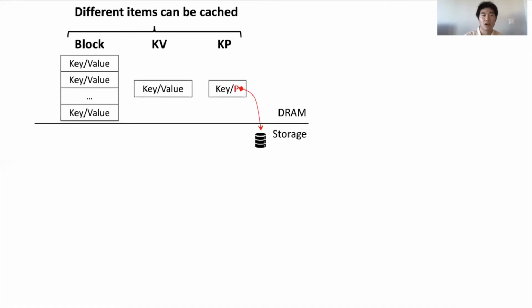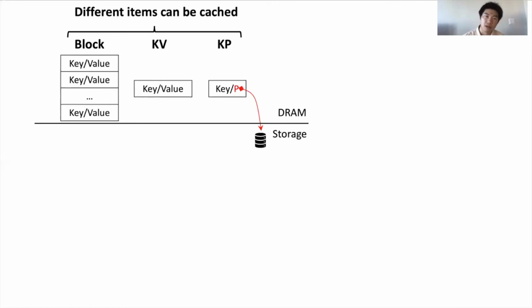So we have another option, which is to cache individual keys and values. Then we can go one step further, because some values can be very big. One optimization is that we can just cache a pointer to the value. A pointer is nothing but a location in the storage.